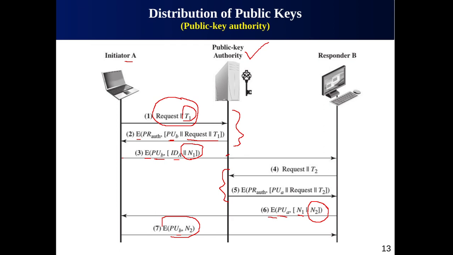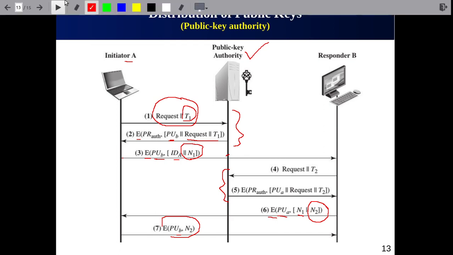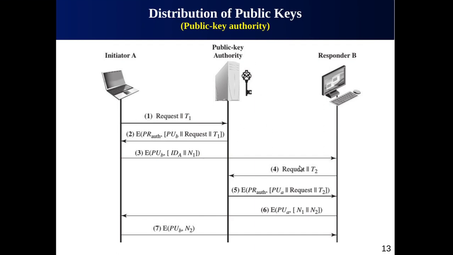And this is how we can actually distribute the public keys to the intended communicating parties with the help of a public key authority. If you give attention to this figure, you will see that the initial 5 messages until here have been used for distribution of keys. And these 5 messages need to be used only infrequently.